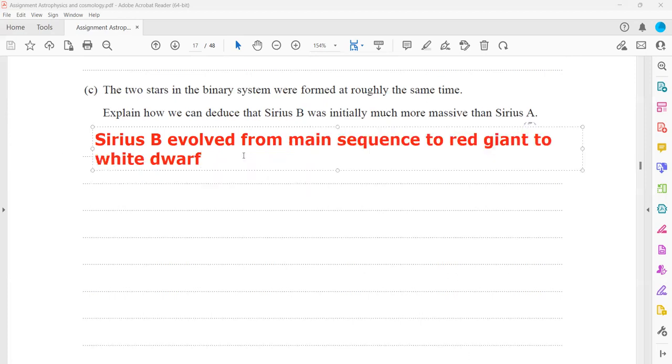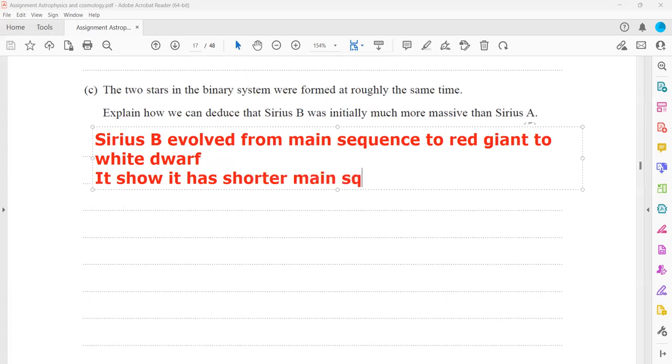As Sirius B evolved from a main sequence to red giant to white dwarf, what does it show? It shows it has a shorter main sequence lifetime.